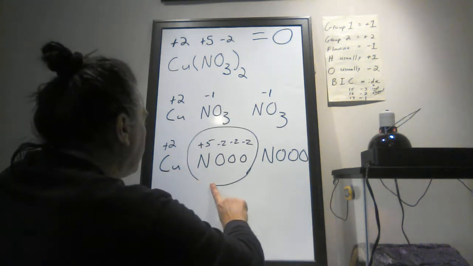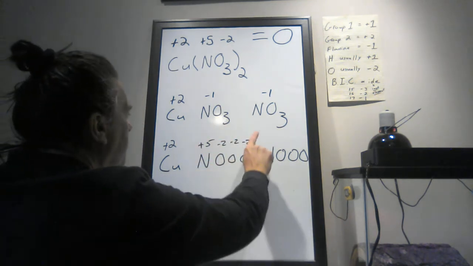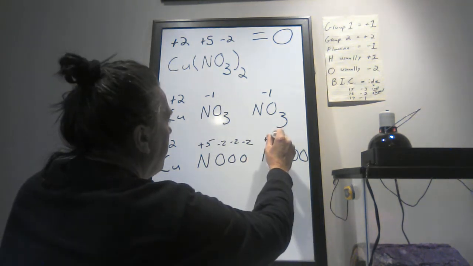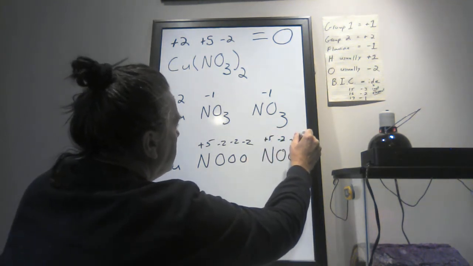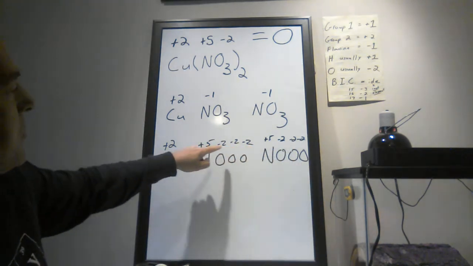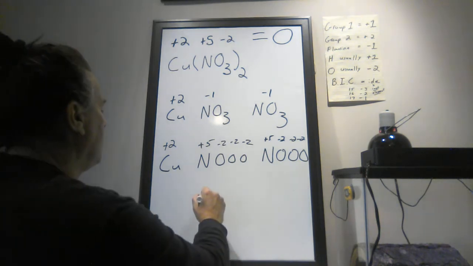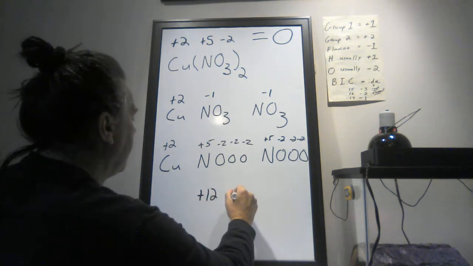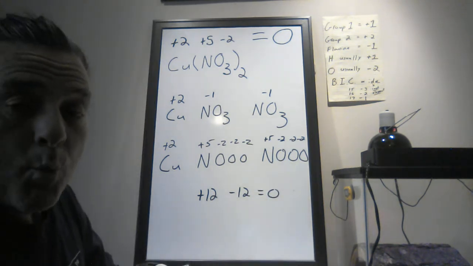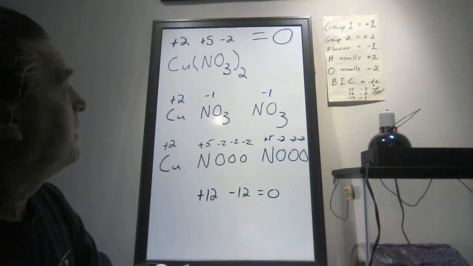Then we do that twice. Take this away because it's not part of our problem. We do that twice, and then we get another +5 -2 -2 -2. If you add up all these -2s and all the +5s and this +2, it works out to a total of +12 and -12, which is 0. No matter which way we solve this, we're still going to get that answer. Okay?